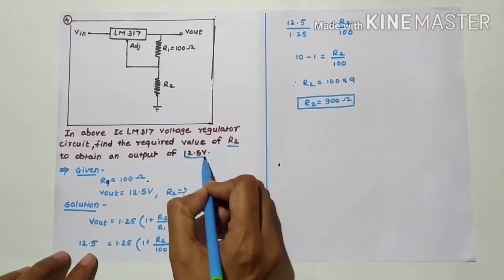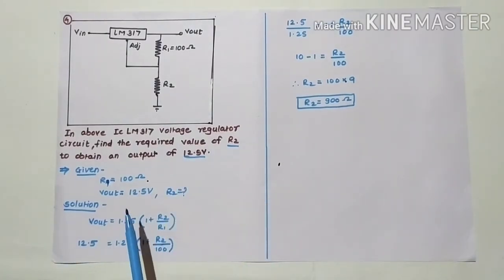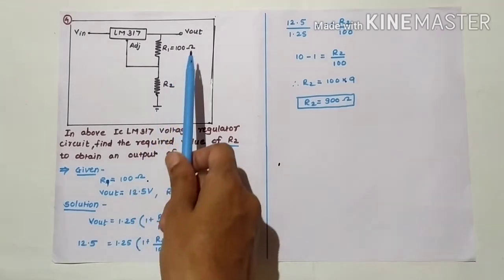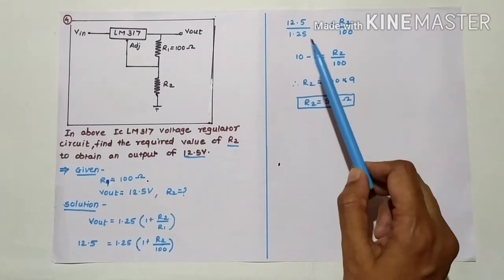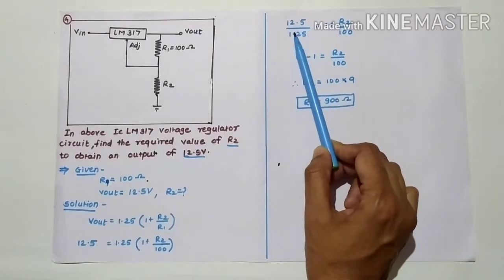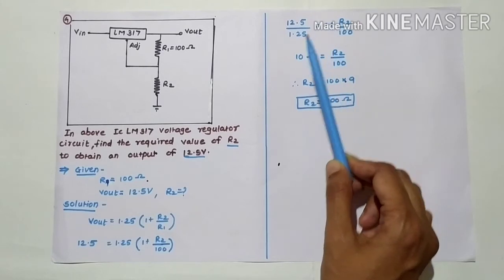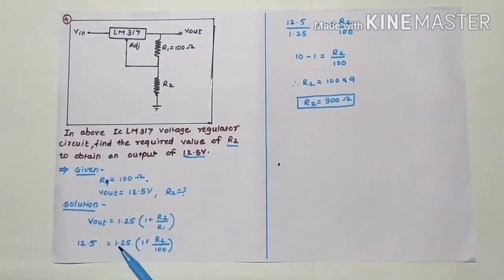Then 12.5 is equal to 1.25 into bracket 1 plus R2 upon R1. The value of R1 is 100 ohm, given in the diagram. By putting all these values, 12.5 upon 1.25, since 1.25 is multiplied here, in the next term it will be divided.